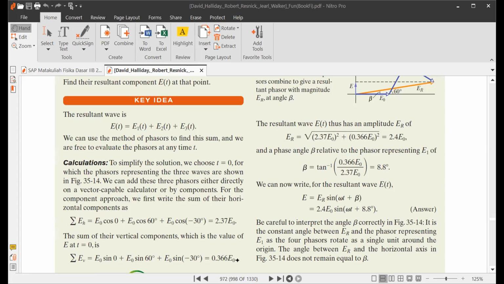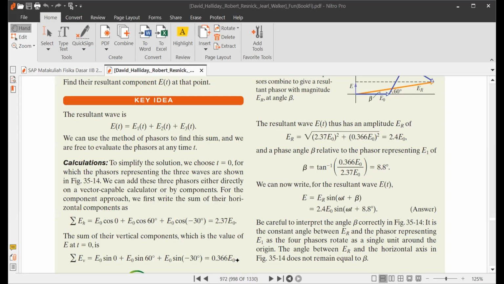Nicholas, your answer? Maybe the why is it t equals 0? Is that your question?